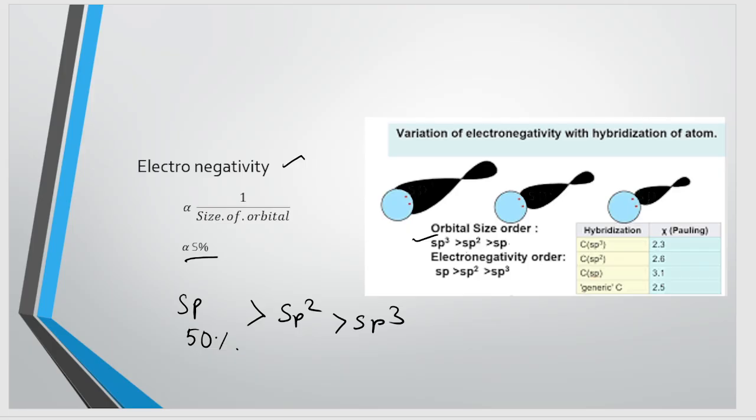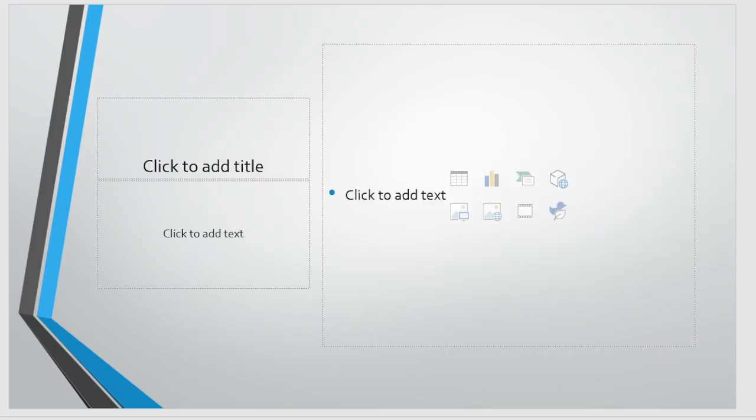Here I wanted to discuss one more important type of problem, a model about the ratio of the number of hybrid orbitals and unhybridized orbitals.